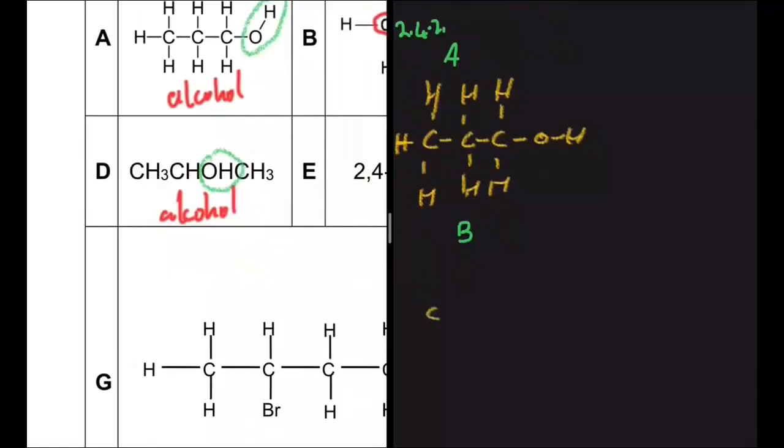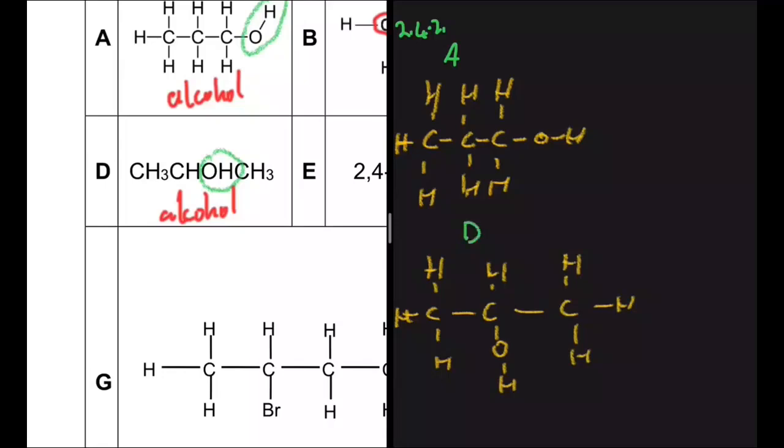So we have a carbon with 3 hydrogens. We have the second carbon, and on the second carbon, we have 1 hydrogen and an OH, and then the third carbon with 3 hydrogens. So what type of isomers are compound A and D? So compound A, the OH is on the first carbon, and for compound D, the OH is on the second carbon.